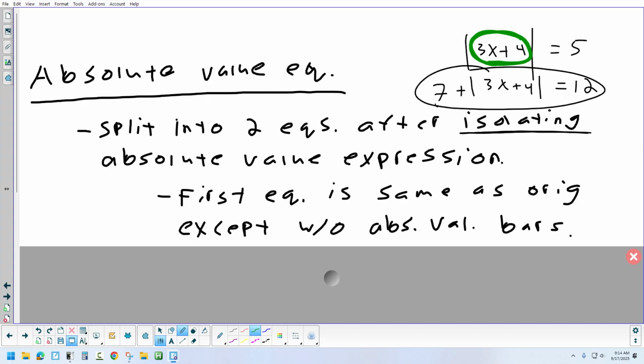And both of those numbers, when we take the absolute value, give us 5. Yeah? Positive and negative. Making sure I heard you right. 3x. You said 4, right?